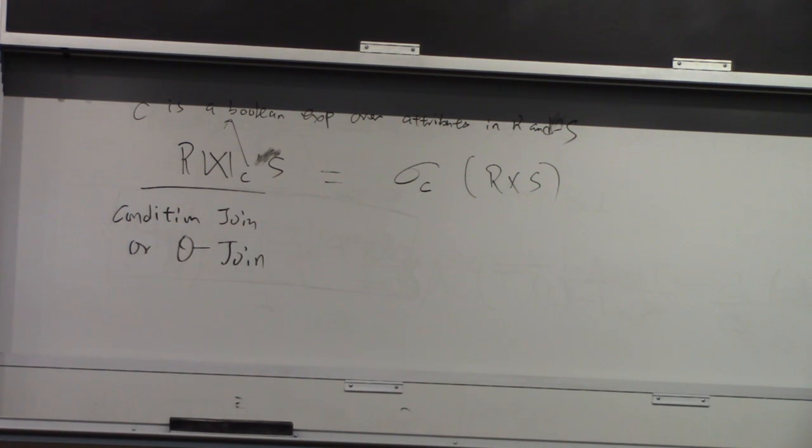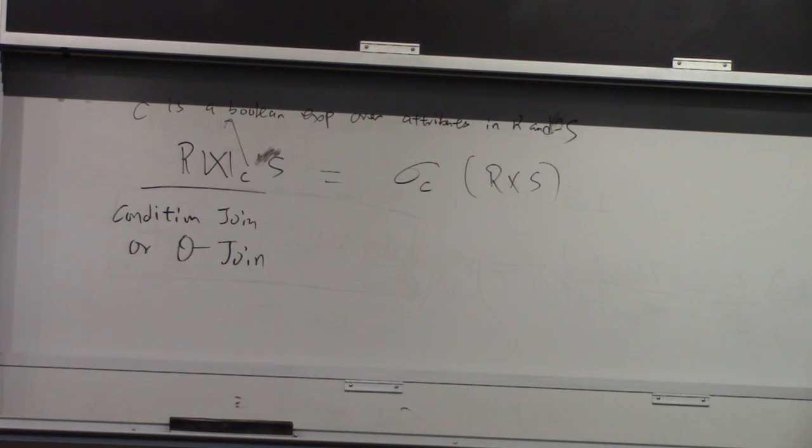Yes. So this will be in your output. No? 31? 22? No. Yes. No? No. So these two will be your output. Only those two records satisfy your theta condition, the C over there.